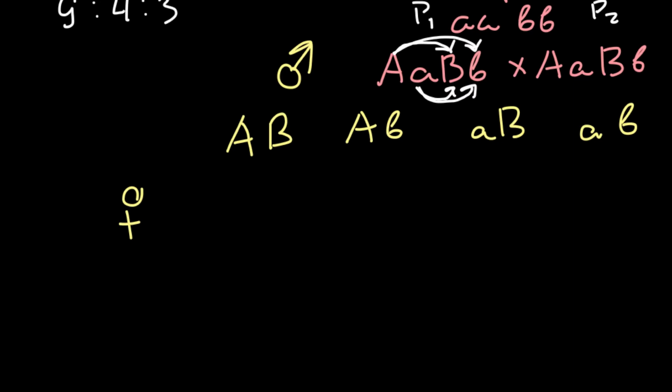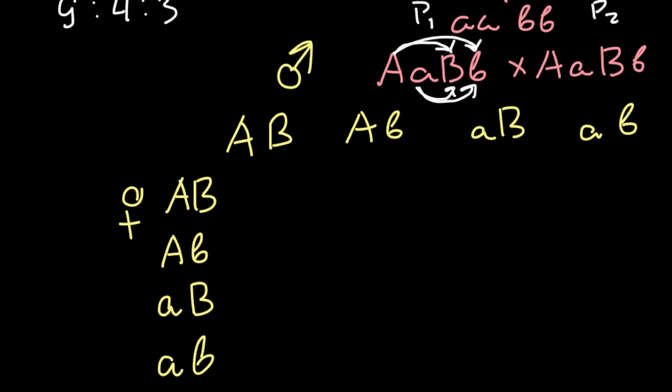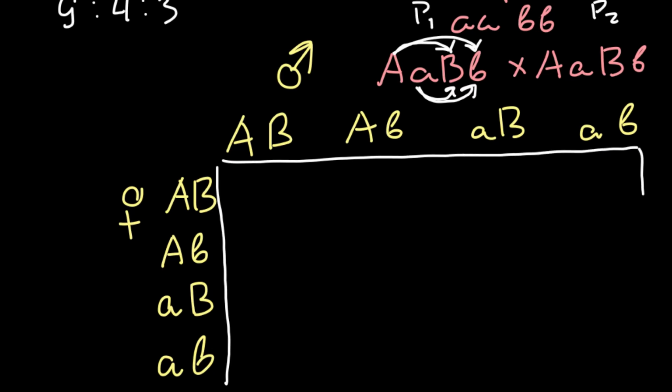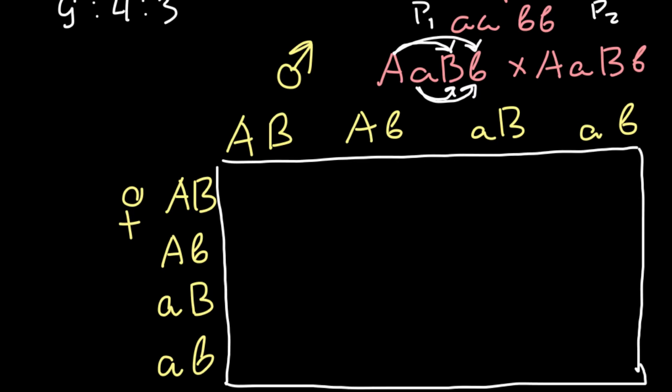So once again, female gametes can be capital A, capital B; capital A, small b; small a, capital B; and small a, small b. Now when we build a Punnett square with 4 columns and 4 rows, we are going to get 16 cells.